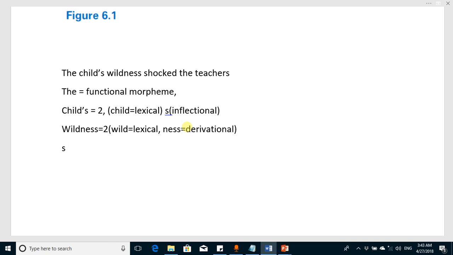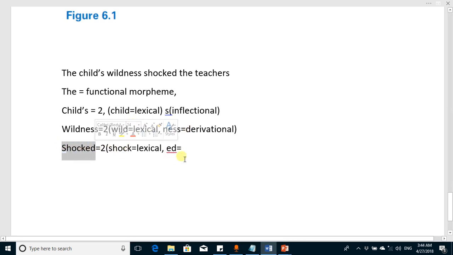Next we check shocked. It has two morphemes. Shock is a verb, so it is lexical. And next, ed: shock was a verb and shocked is also a verb, so ed did not change the grammatical type.